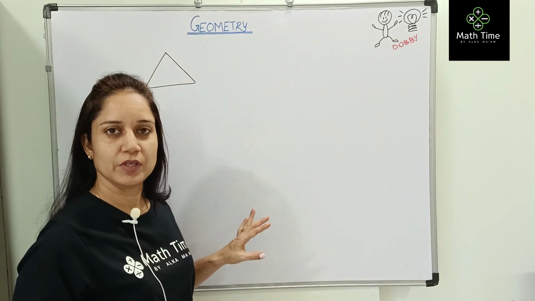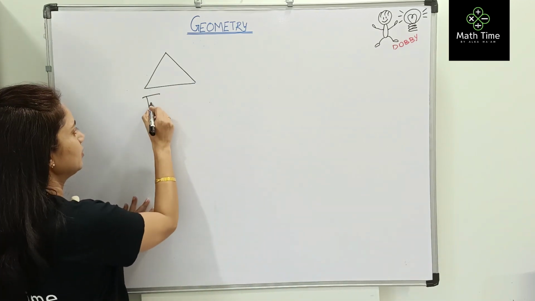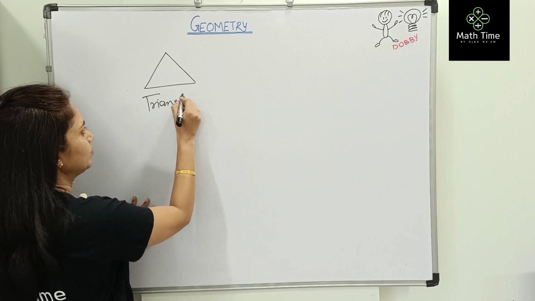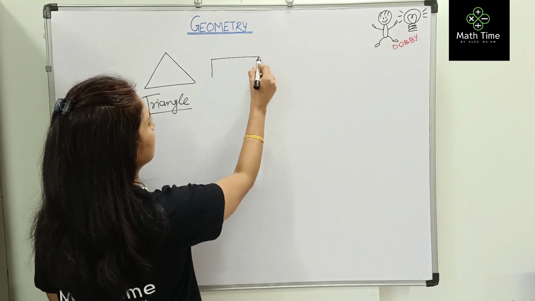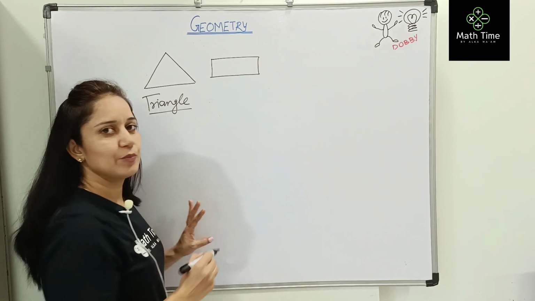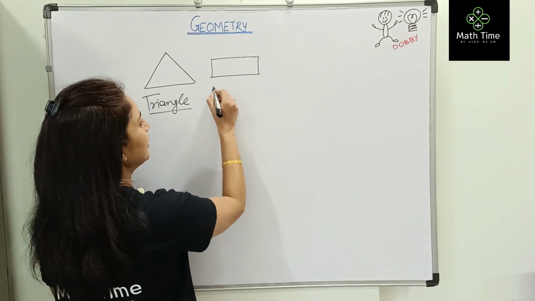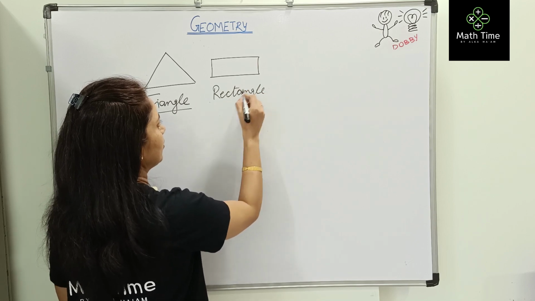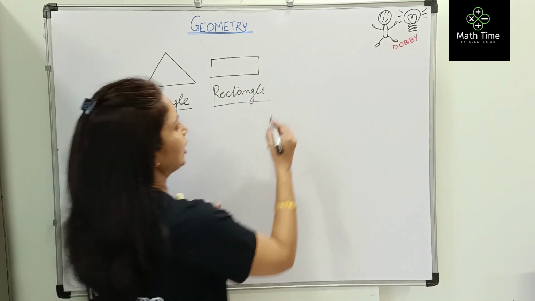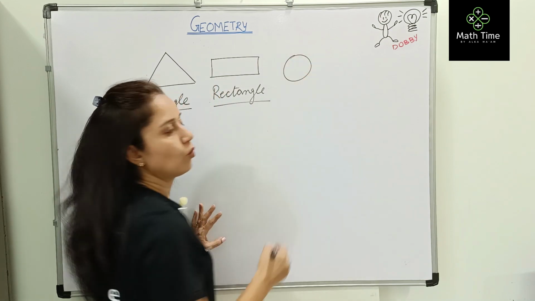What is this shape? Yes, it is a triangle. Second shape, you have to observe and tell me. Which shape is this? Correct. It is a rectangle. Next shape now. What is this?